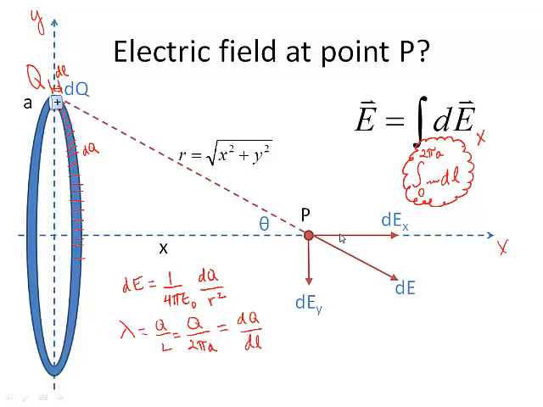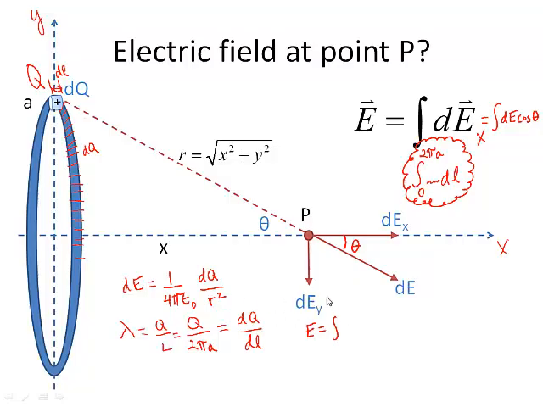Noticing by geometry that this angle is also theta, that means dEx is really dE times cosine of theta. So my E is now equal to the integral of dE cos theta.